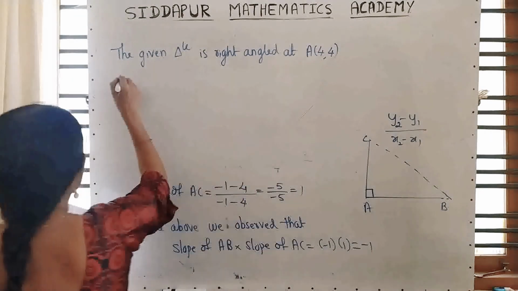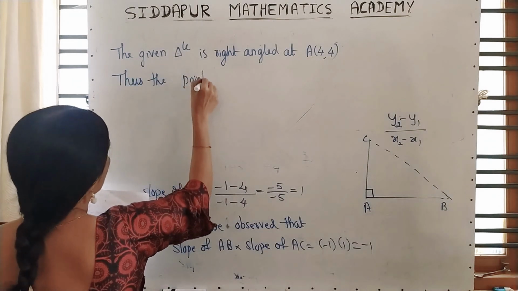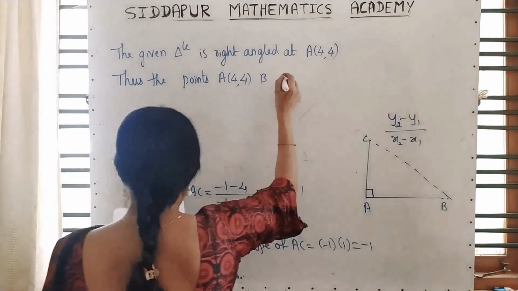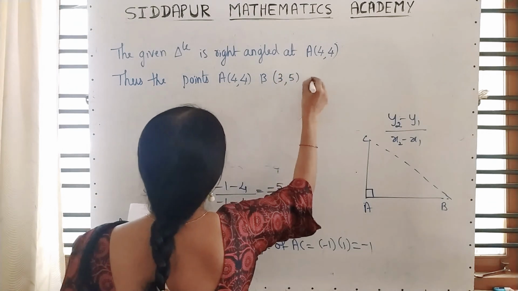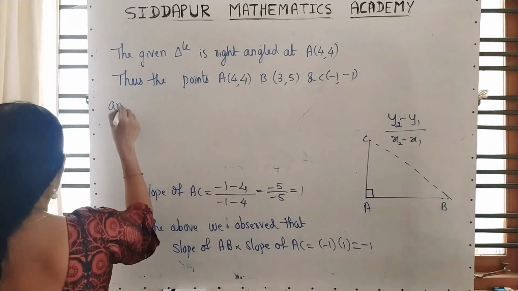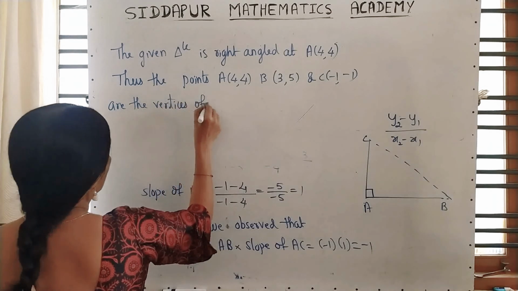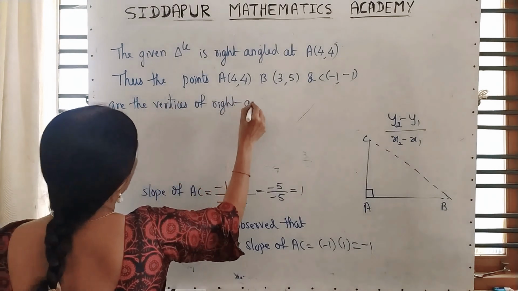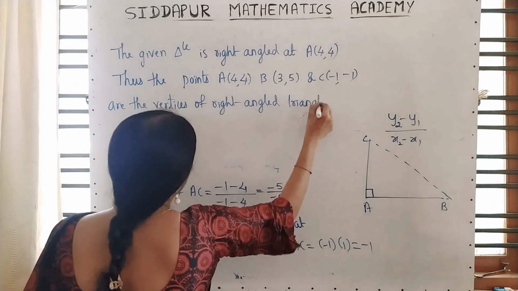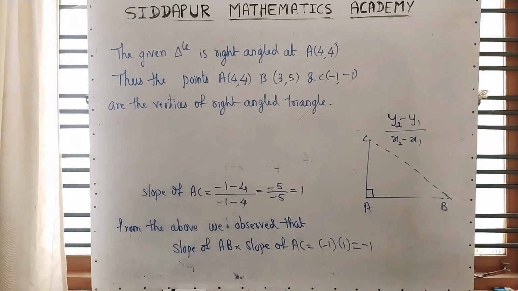Thus, the points A 4, 4, B 3, 5 and C -1, -1 are the vertices of a right angled triangle. Yes, moving to the next question, that is the 7th one.